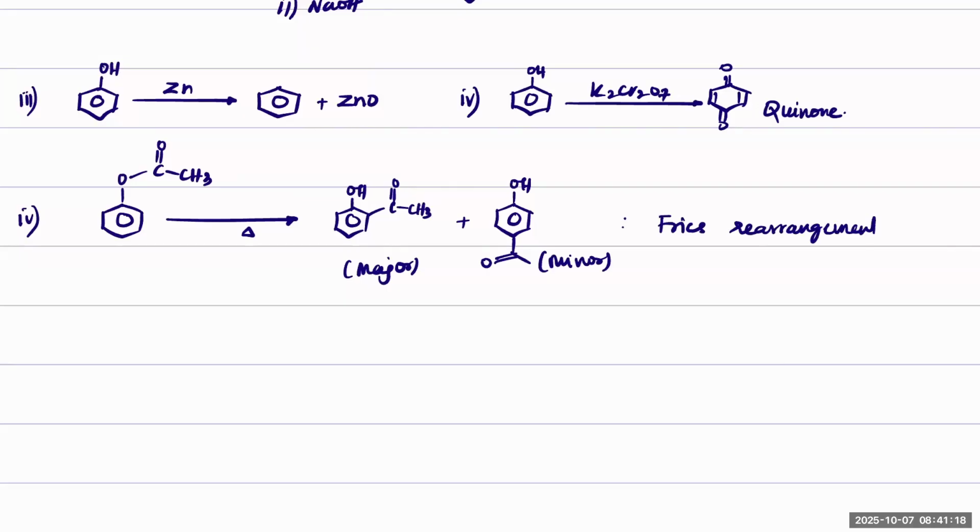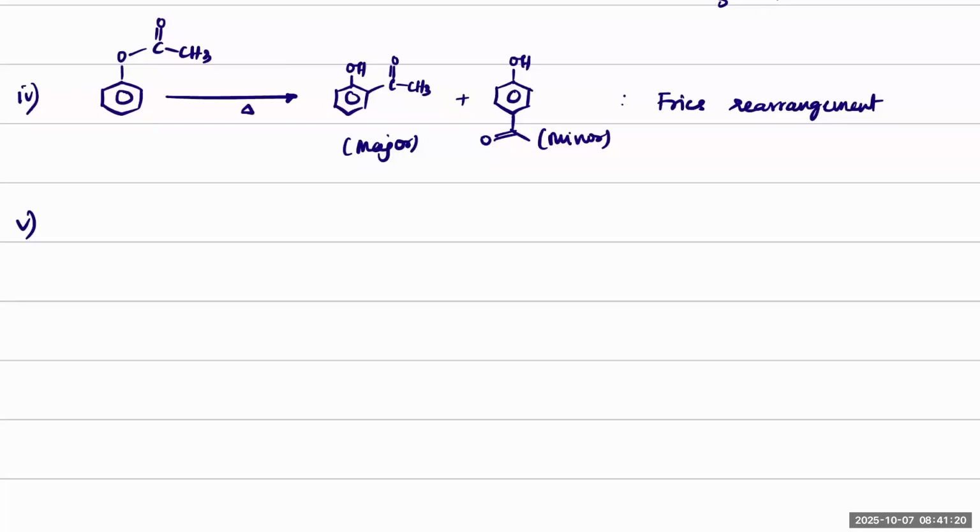Next, if I take 2 moles of phenol and react with this keto group in the presence of H plus. So in the presence of H plus, the lone pair from this oxygen will attack H plus, and thereafter from the para position, this will attack here.